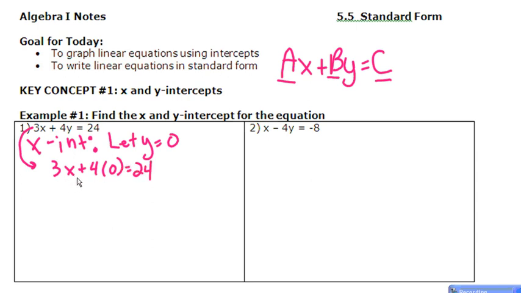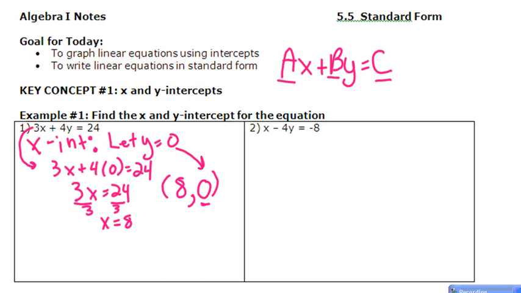Then I solve for x. 4 times 0 is 0, so I'm left with 3x equals 24. I divide by 3, and I get that x equals 8. So my x-intercept, and intercepts we always write as ordered pairs, is 8, 0. And again, I use the 0 because I said that y was 0. And that's how I found my x-intercept.